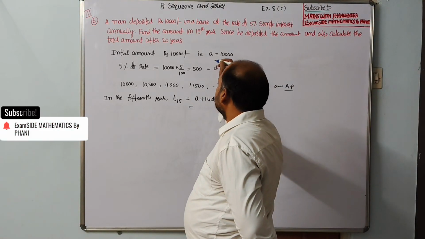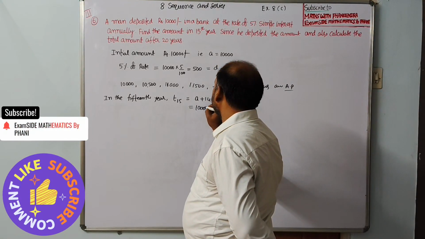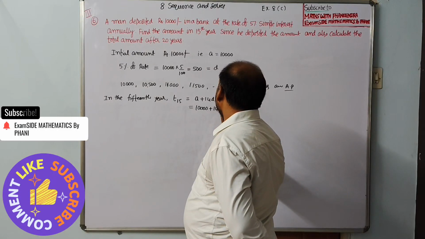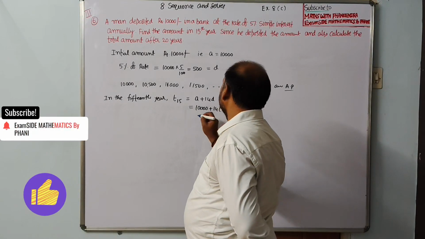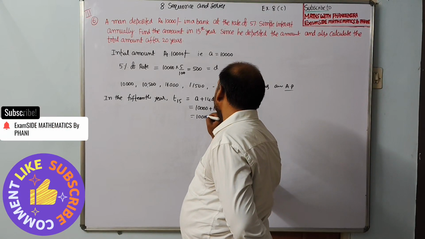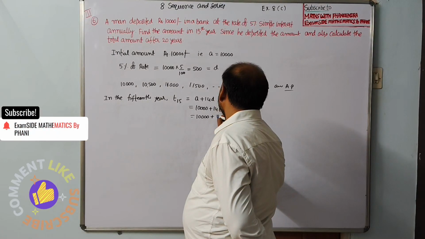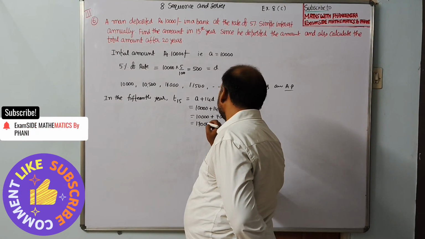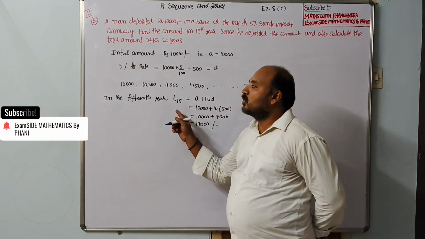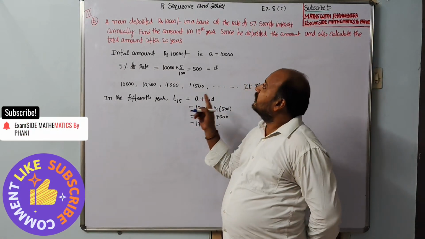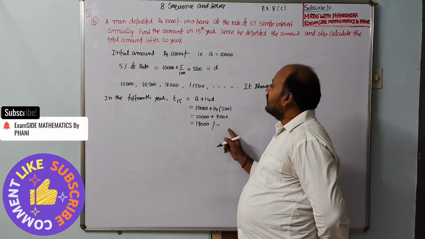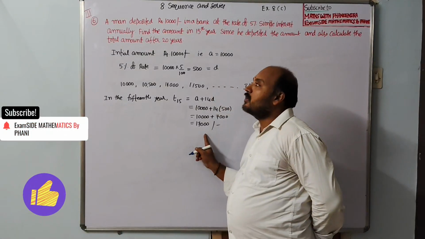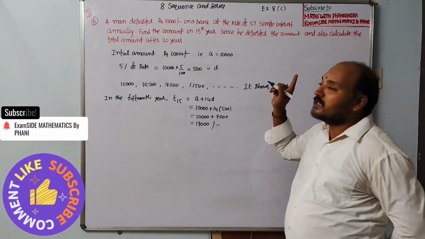So A is the initial amount, that is 10,000, plus 14 into D, which is 500. So it is equal to 10,000 plus 7,000, which is equal to 17,000, dear students. So this is the amount in the 15th year with the percentage of 5.